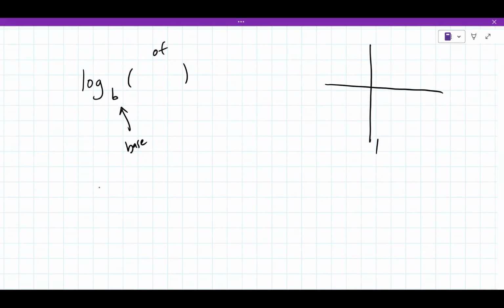Logarithms are a manipulator of things. They have a base, and they have the thing you take the log of. So this is the base, and this is the thing you're taking the log of. If you look at a graph of log, it starts like this and goes to the right. It goes up very, very slowly.